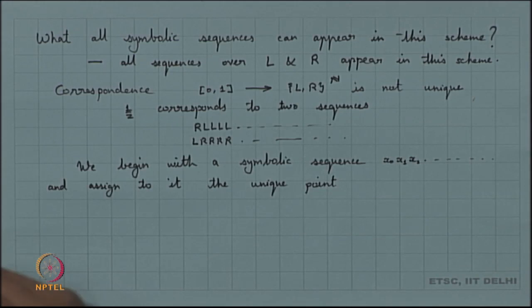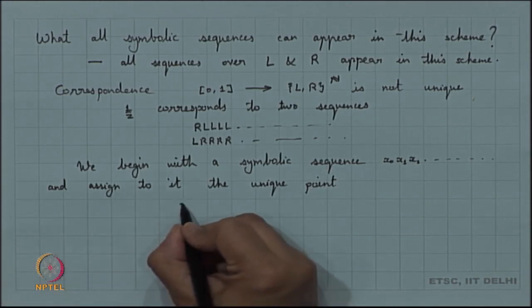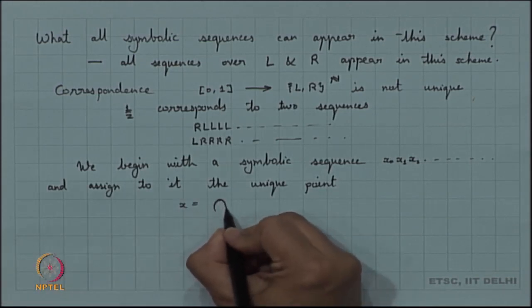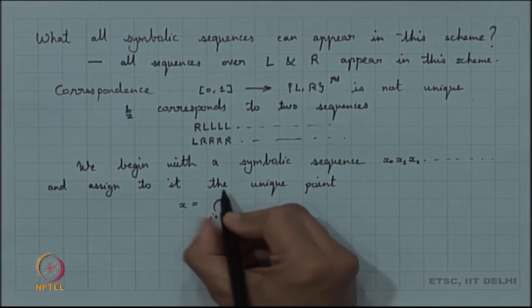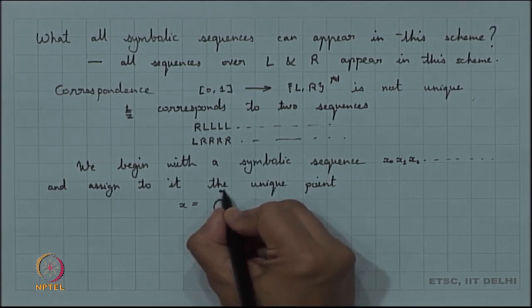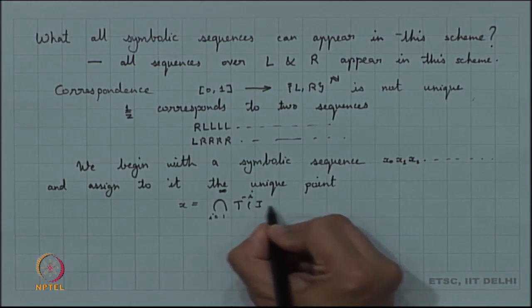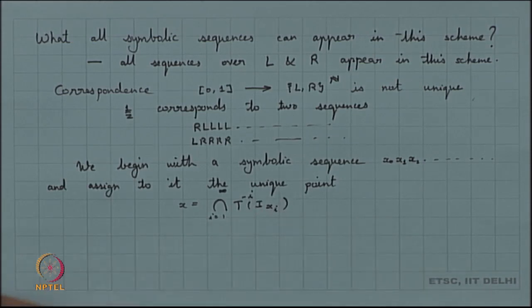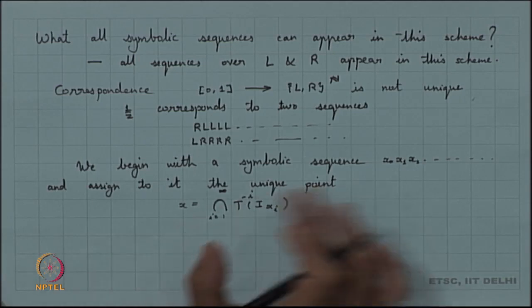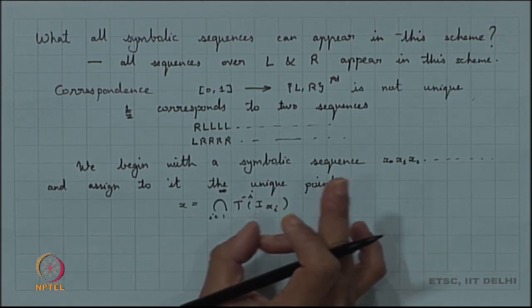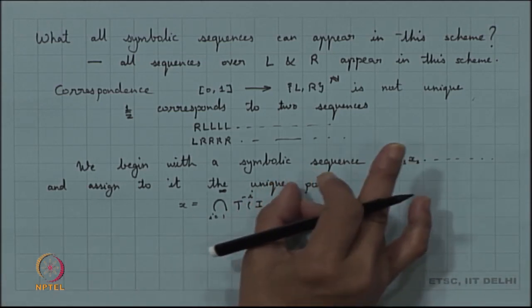And what is that unique point? That unique point is x equal to the intersection, i going from 1 to infinity, of T to the power minus i of I, where I am looking at x i. We find that there is a unique point which can be assigned to this.